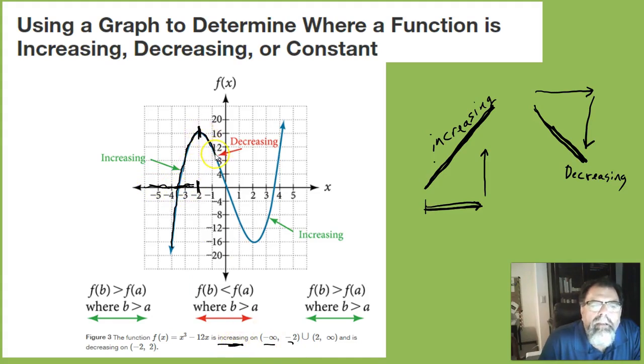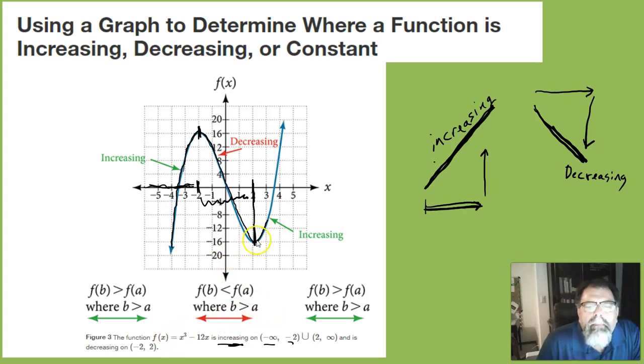See, now we're going down, down, down, stop. Now we're going to turn around, start going up, up, up. So again, here's the next break. So from negative 2 to positive 2, it's decreasing.